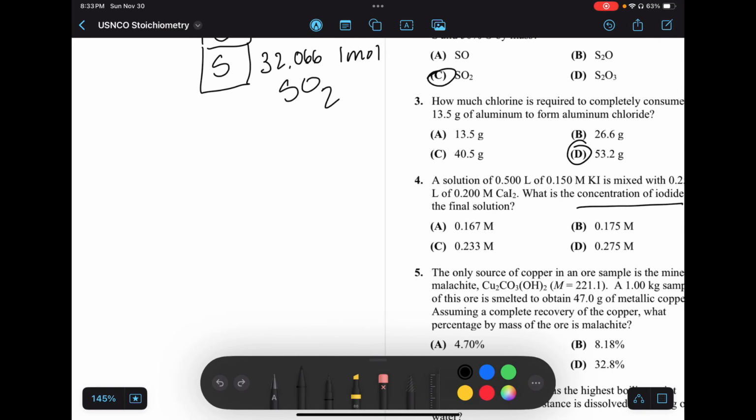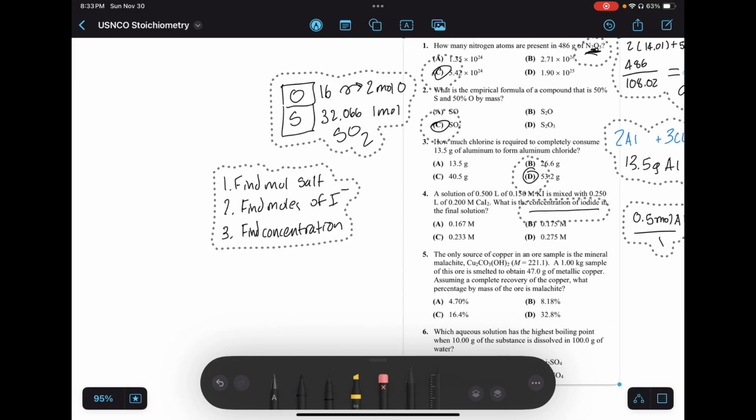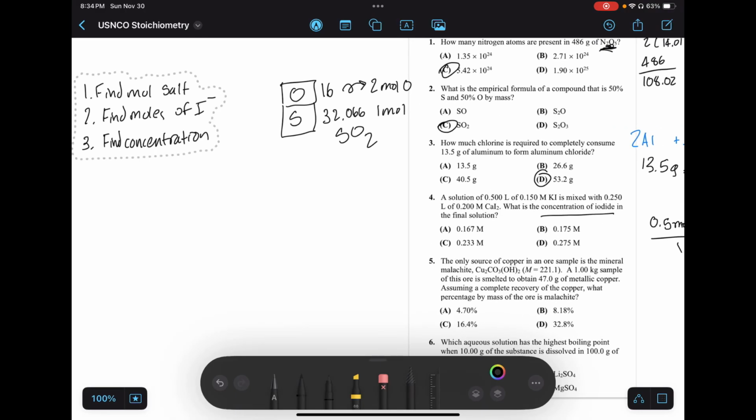So what we want to do is first find moles of salt, then find moles of iodide ion, and then we have to find the concentration, because it's not just done there.